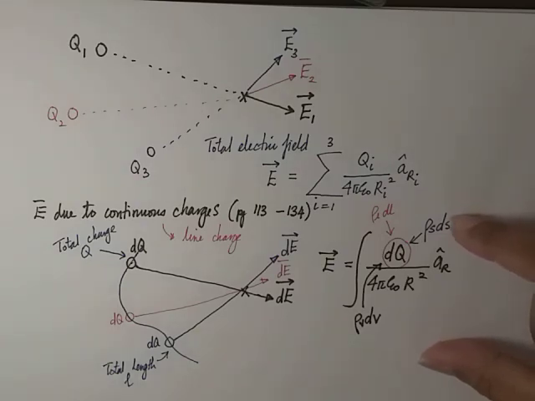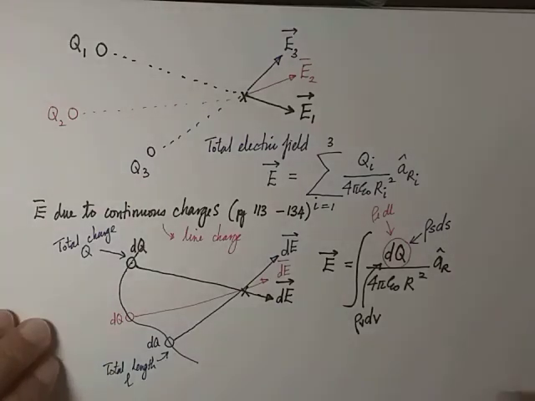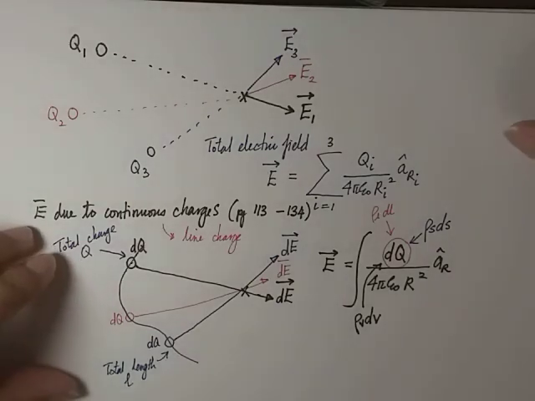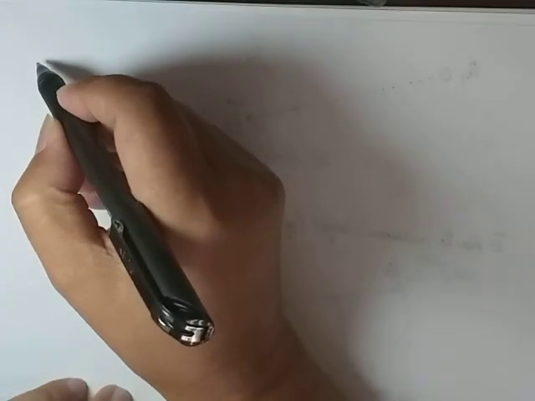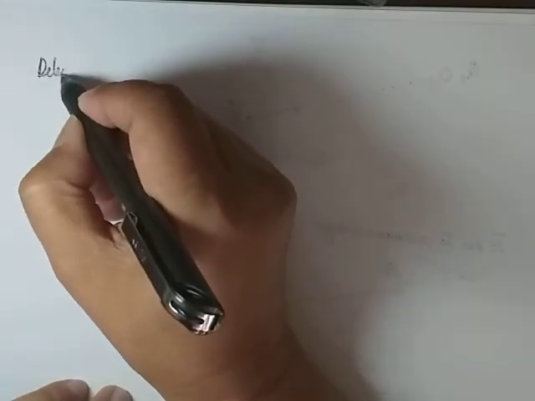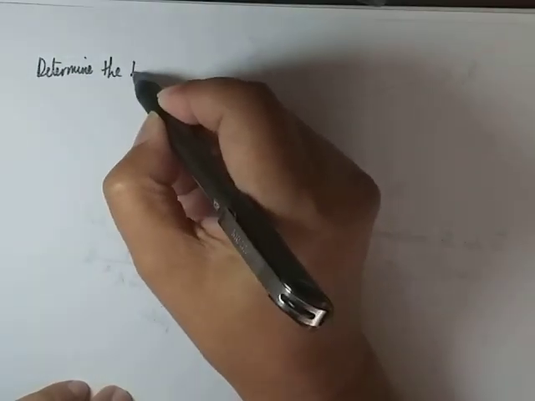Okay, so therefore we have seen Coulomb's law equation to determine electric field intensity due to various types of electrostatic source. So what we have to do now is an example. I'm going to create one problem here, so let's do it together now. The question asks us to do what? Determine the electric field intensity.